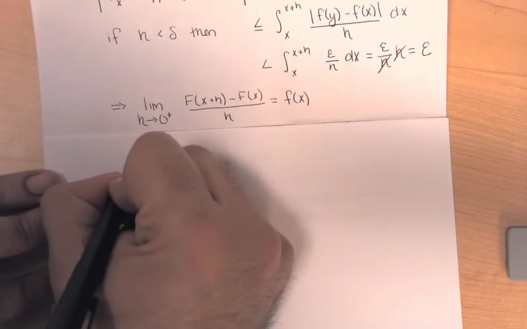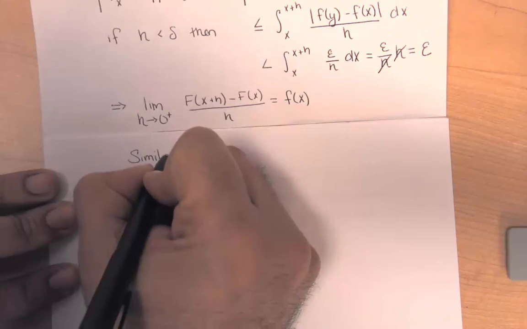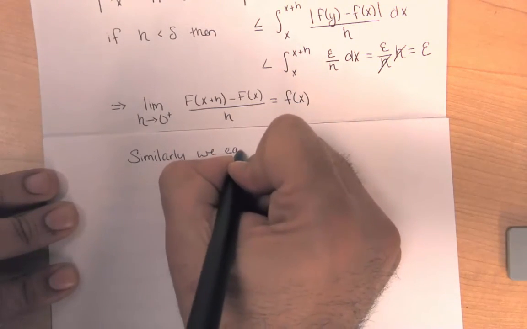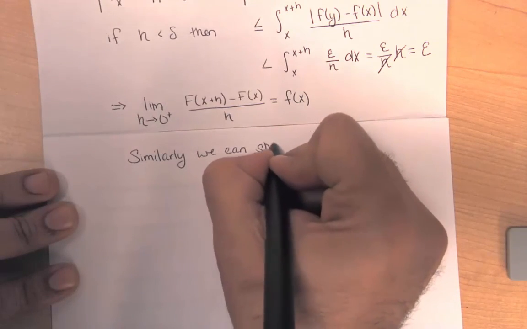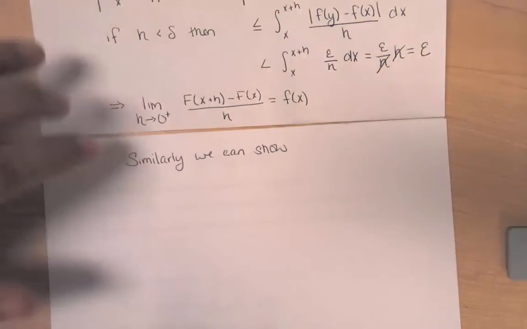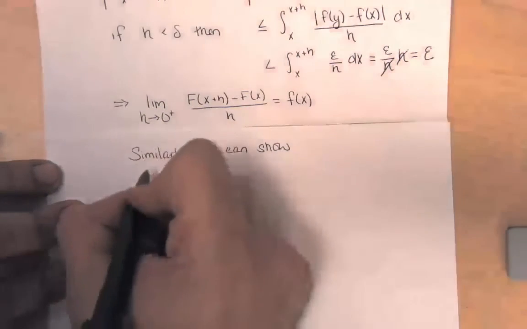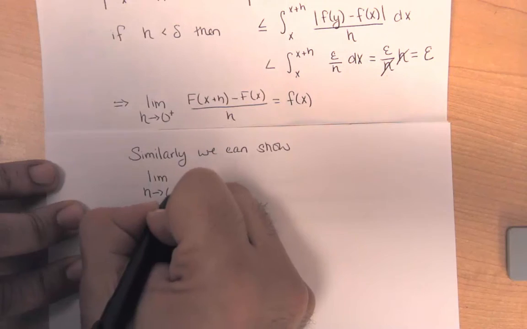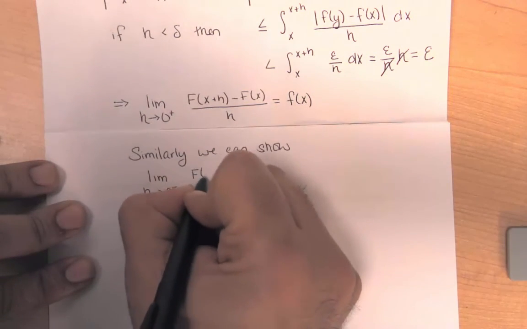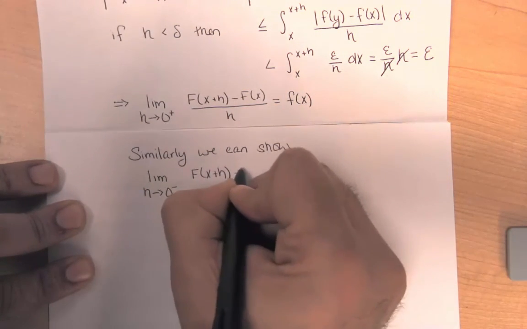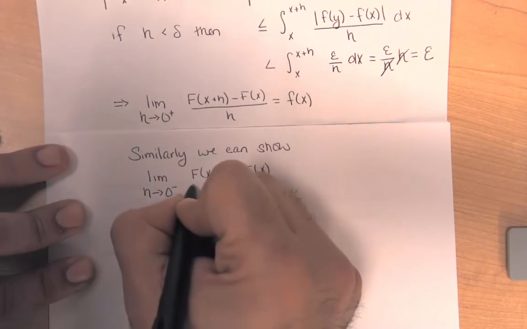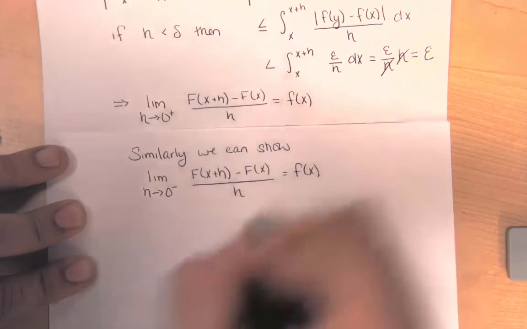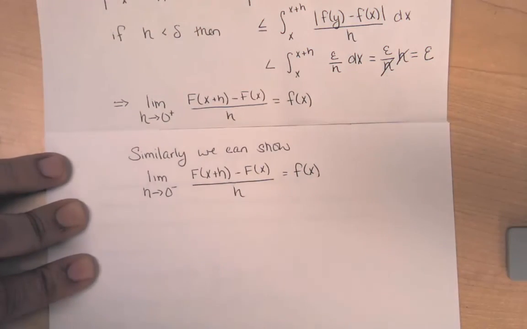Similarly, we can show, using the exact same arguments, that the limit from the left of my secant slope is also f of x.